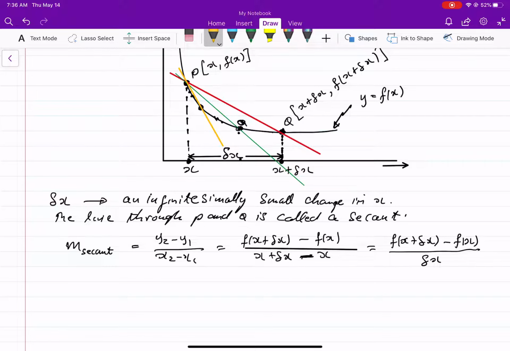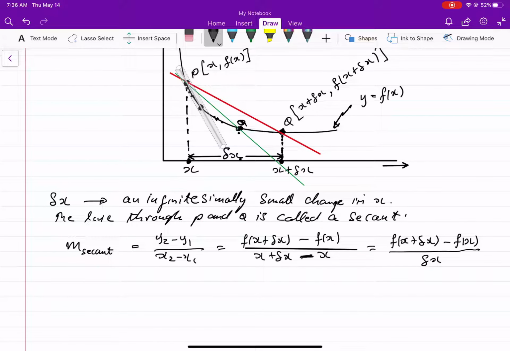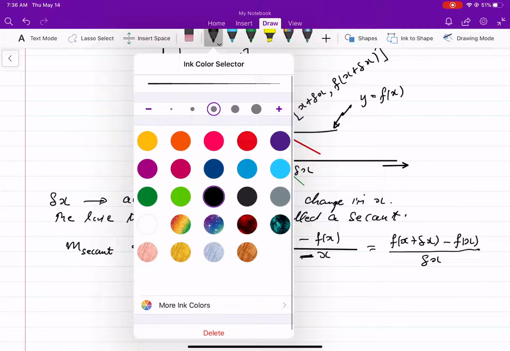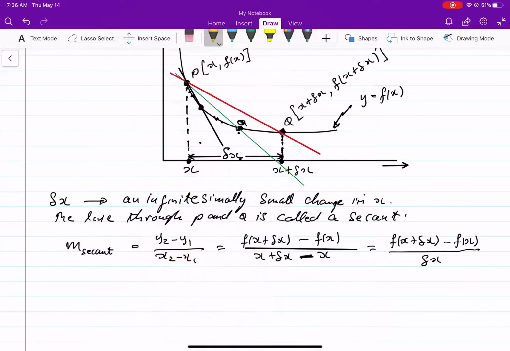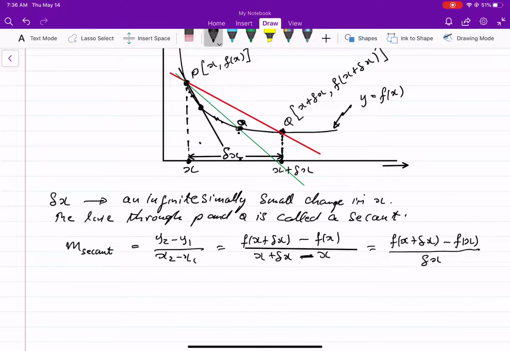So look at what's happening. This is a new position for Q here.